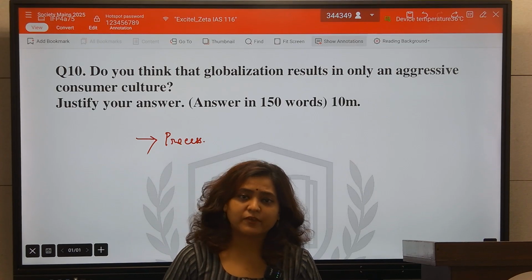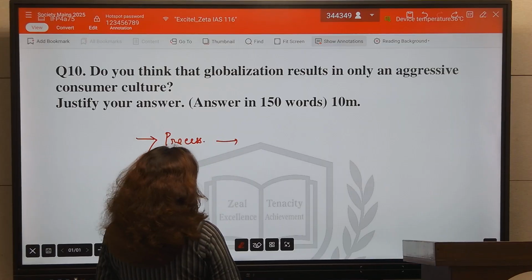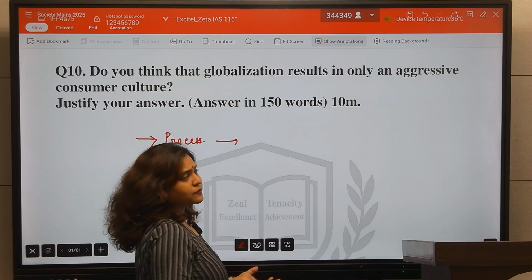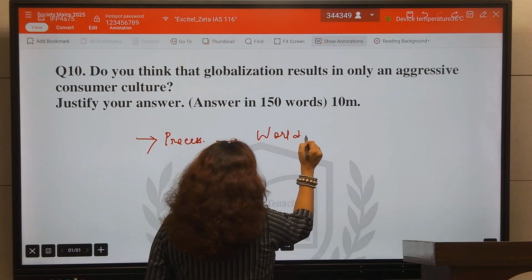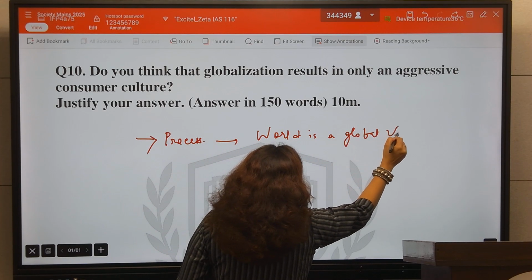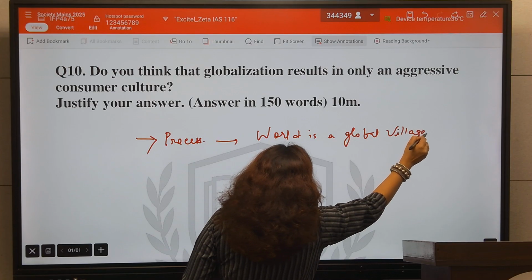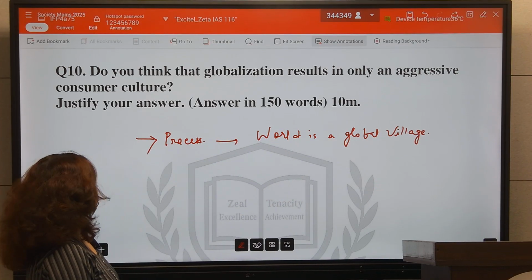This is a very brief and simple definition of globalization. The underlying principle of globalization, as you all know, is that the world is a global village. This is your introduction.